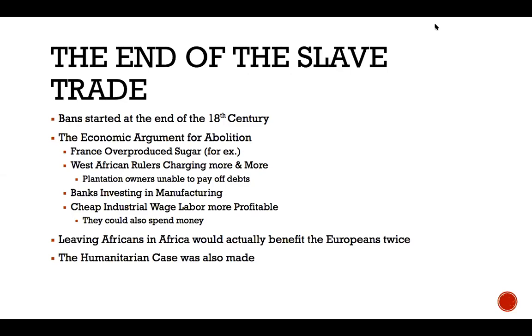Then finally, with the Industrial Revolution on the precipice of happening, these traders and the banks and pretty much the European imperialists realized that it may be more profitable for them not to remove labor from Africa, but to keep labor in Africa.